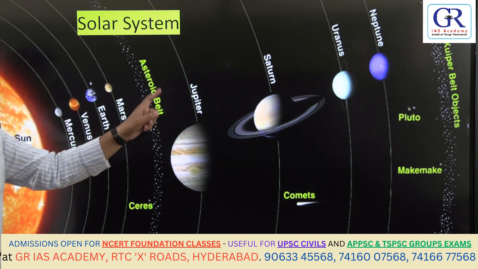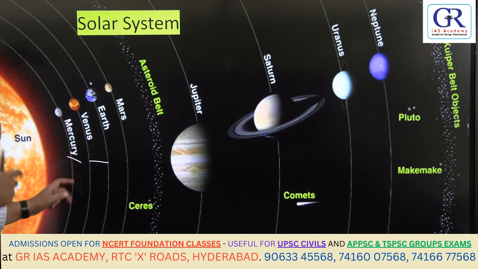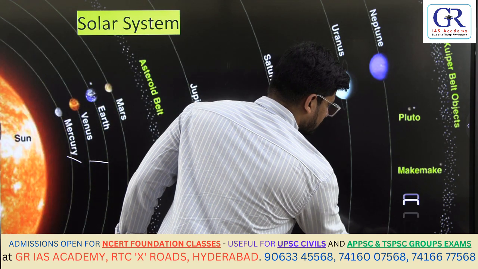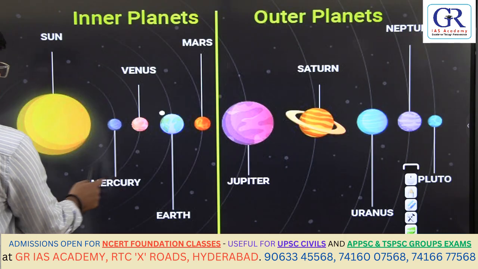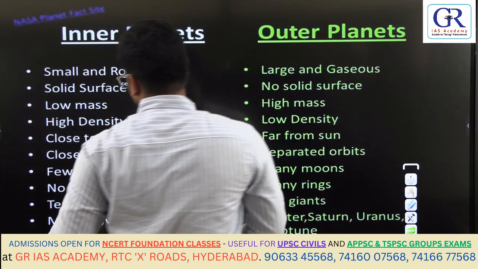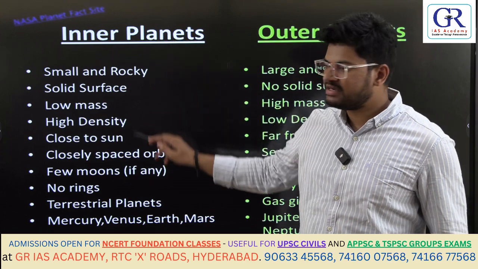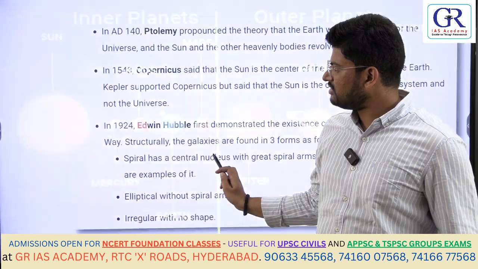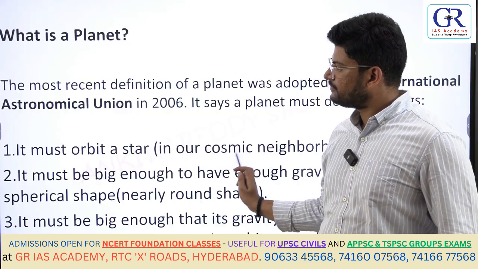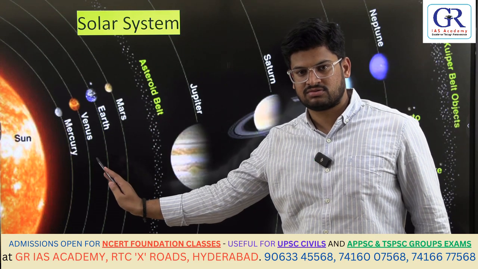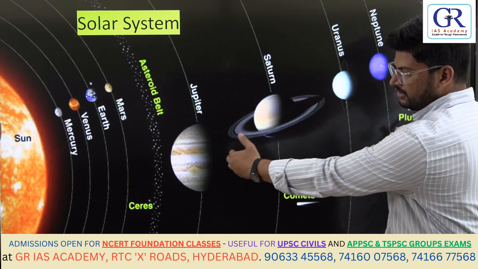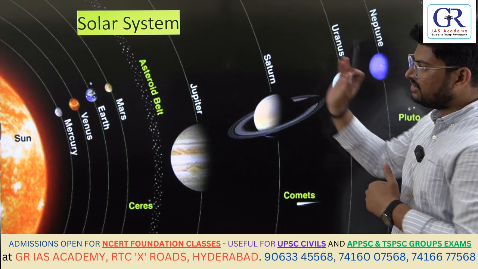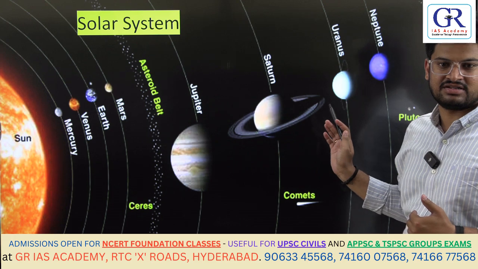In the case of Jupiter, Saturn and Uranus, the amount of gases is high. Coming to the orbits, the orbits of the inner planets are very close, whereas for planets like Jupiter, Saturn and Uranus, the orbits are very big.